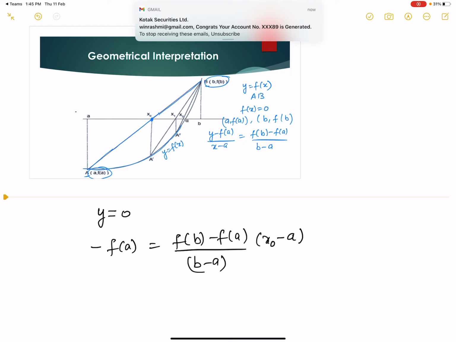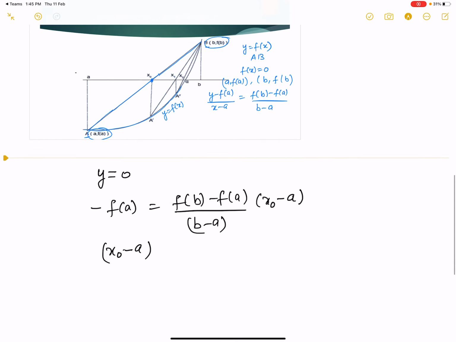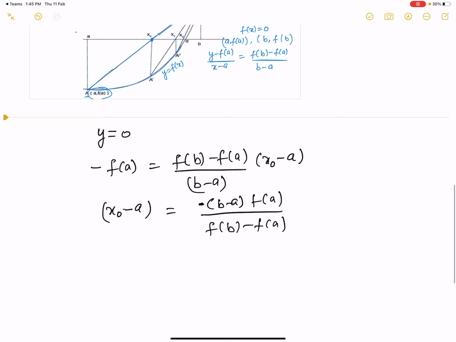When we solve it further, we get x0 minus a is equal to minus (b minus a) f(a) upon (f(b) minus f(a)). So x0 is equal to a minus (b minus a) upon (f(b) minus f(a)) multiplied by f(a).